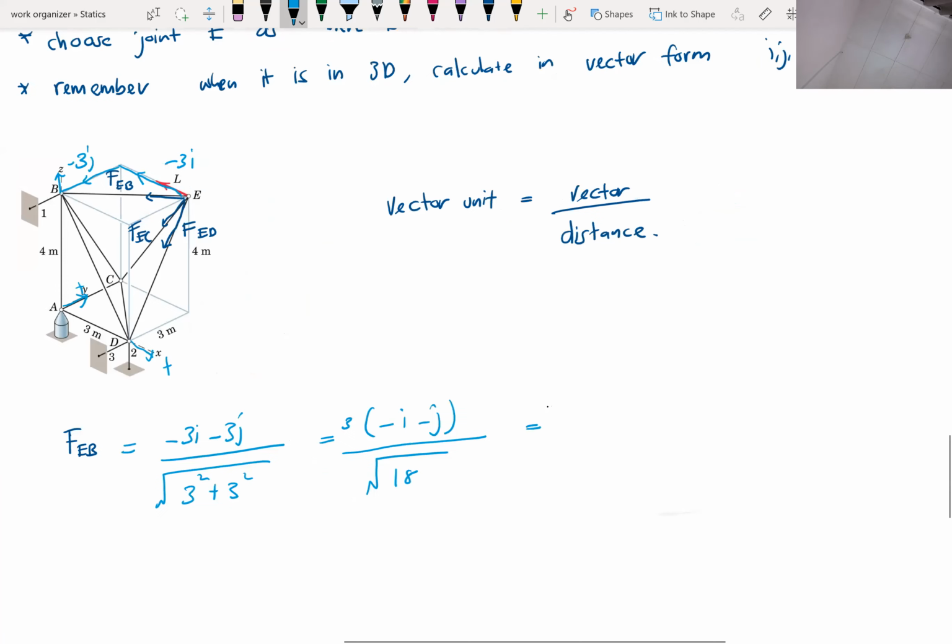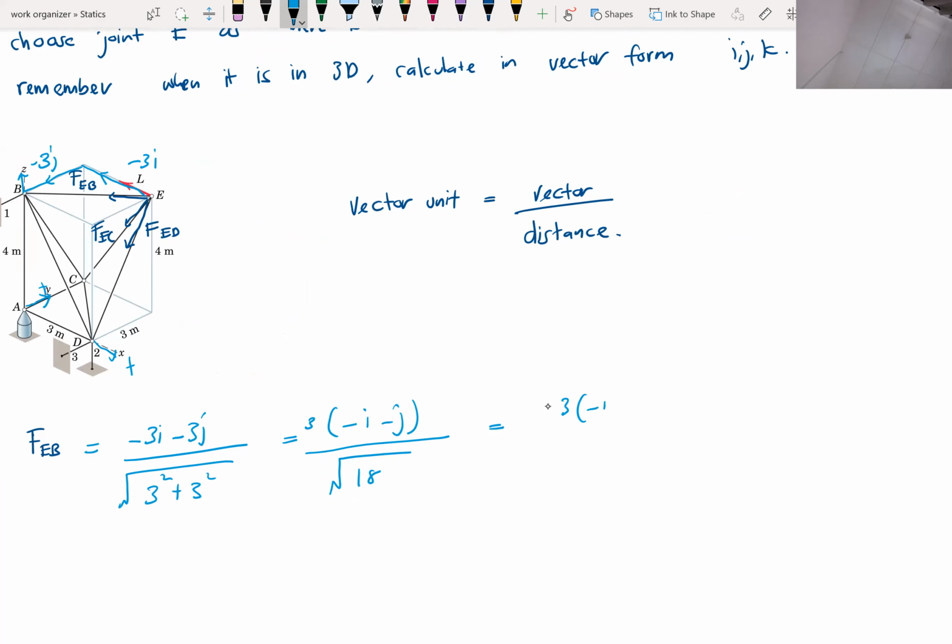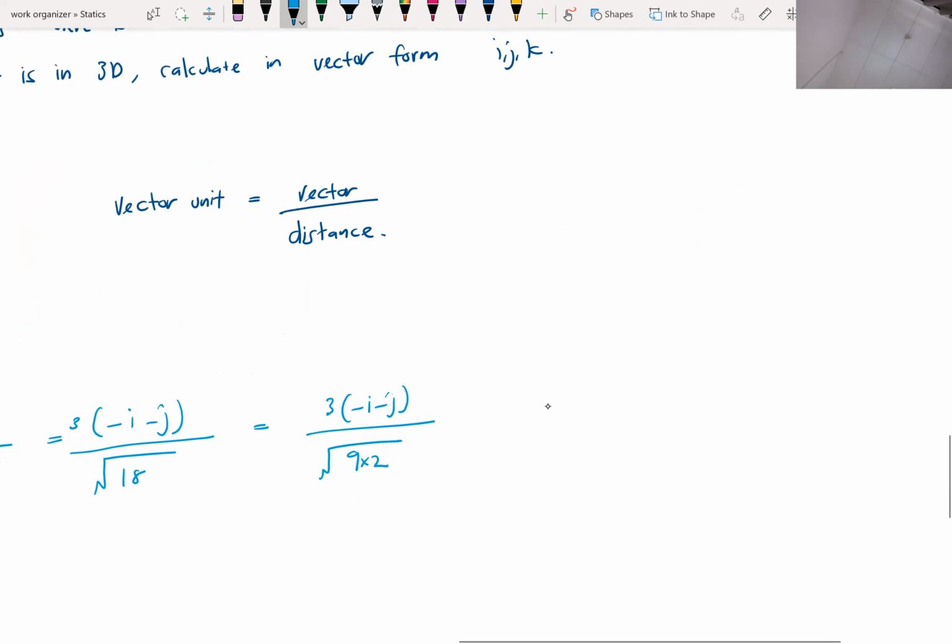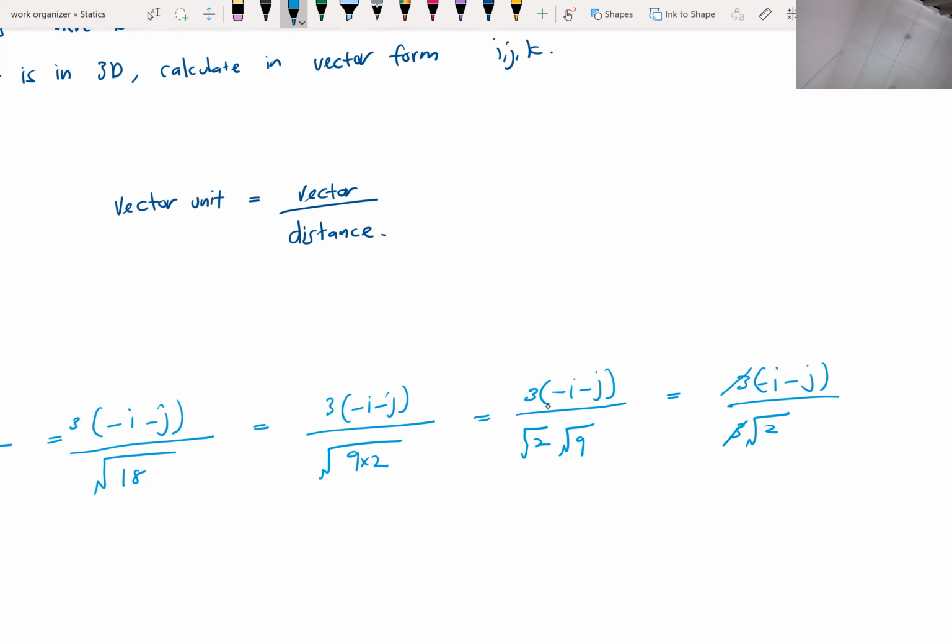So 3 times minus I minus J, over square root 2 times square root 9. So 3 and square root 9 cancel out, and this is what is left.